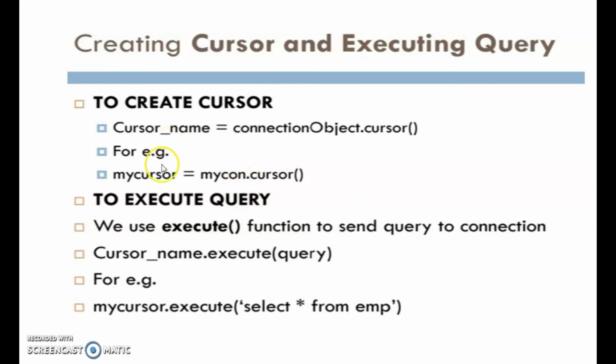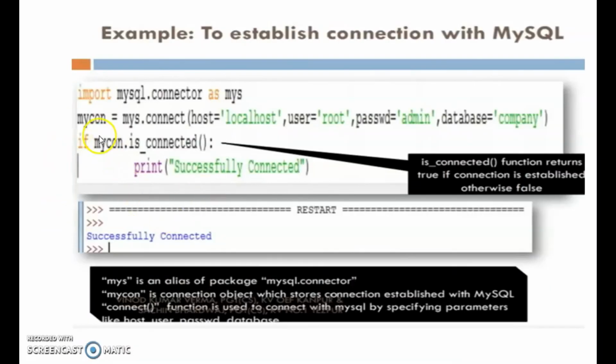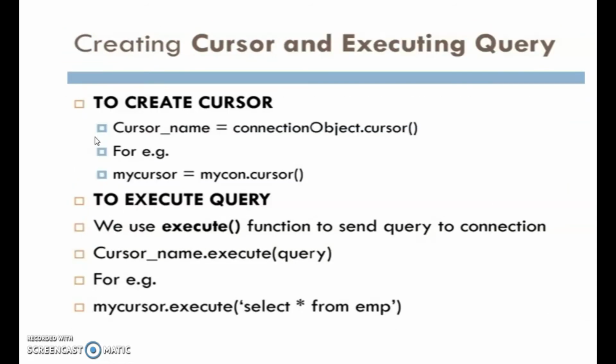Here the example: mycursor is equal to mycon dot cursor. So mycon is a connection object, and mycursor is a cursor object.